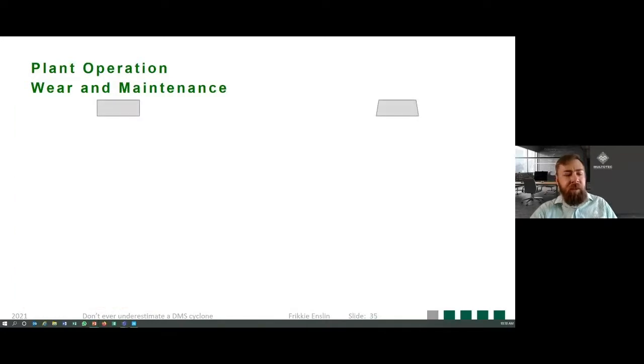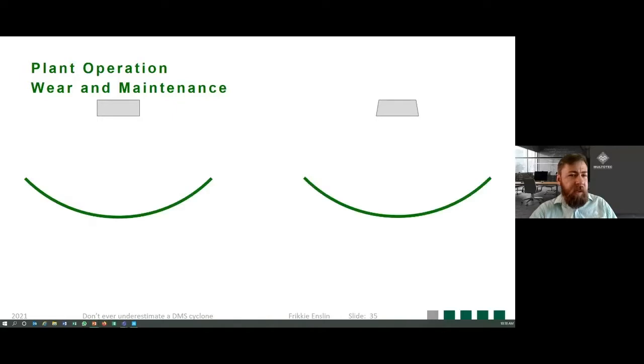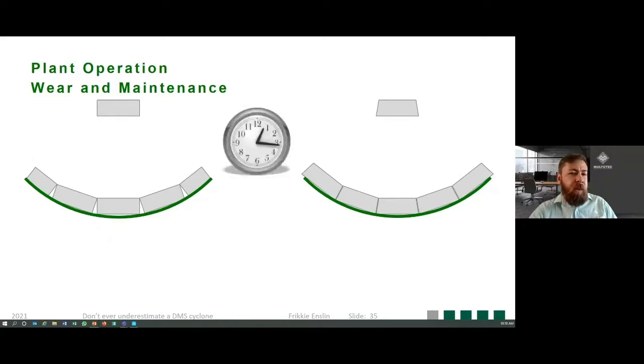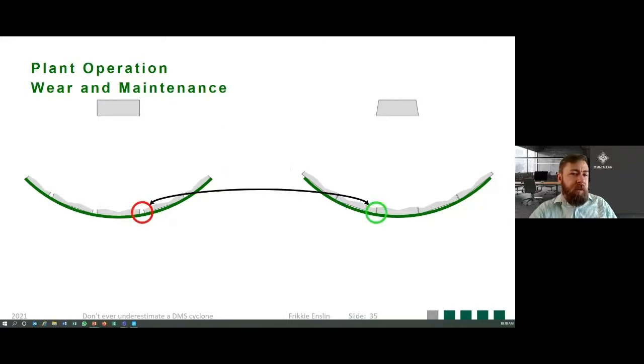As a simple example, just the different types of tiles that can be used in a cyclone. Your normal square tiles on your left and your engineering tiles on your right. If we tile a cyclone with these different tiles, maybe you can already see the difference, but as time passes on, we'll see the tiles wear through. Now, look at the gaps between the tiles. So what? Let's have a look at wear over time.